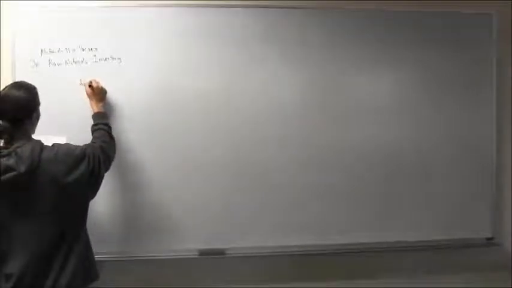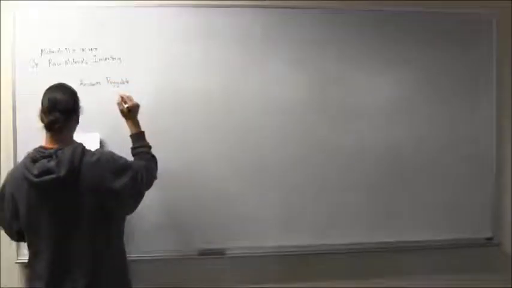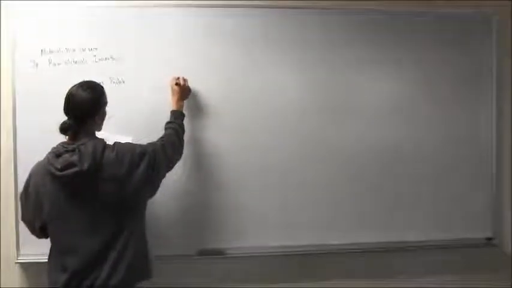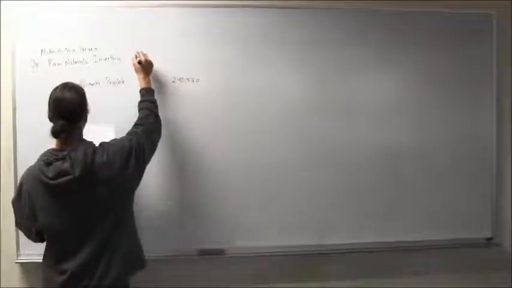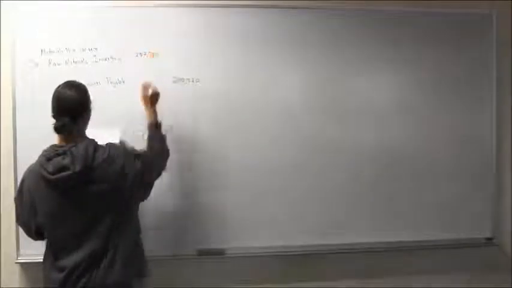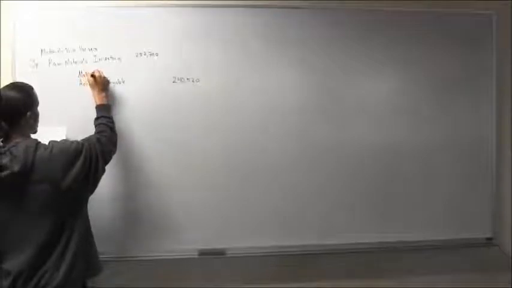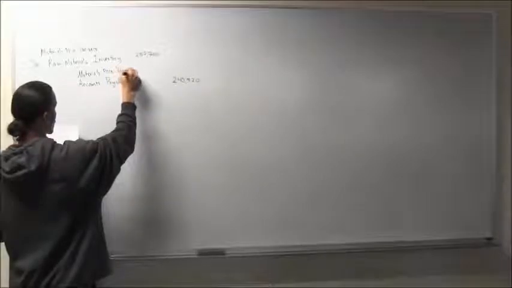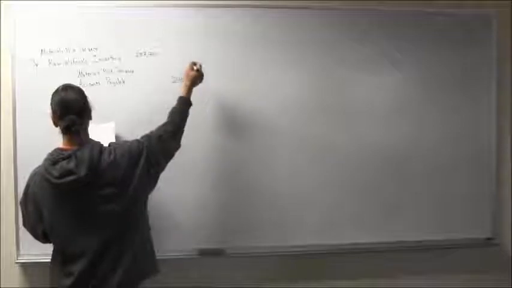The accounts payable is going to be your actual quantity at your actual price. And the material price variance, if it's favorable, it's going to be credited.